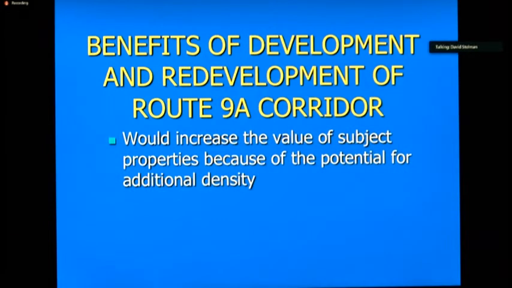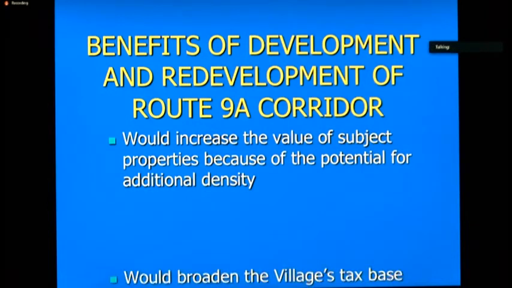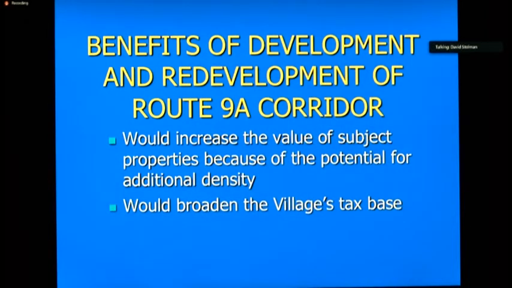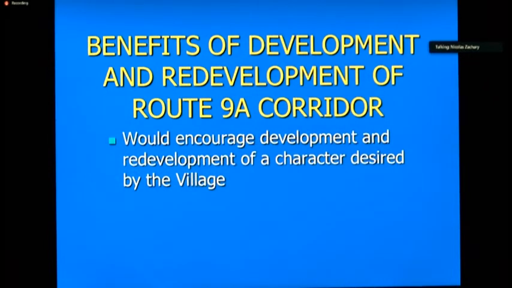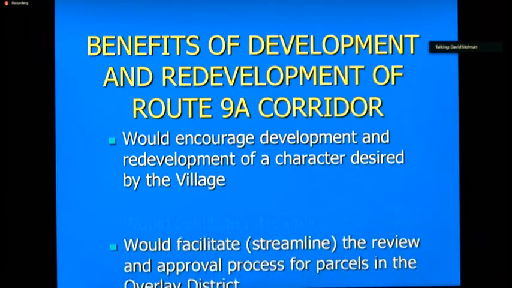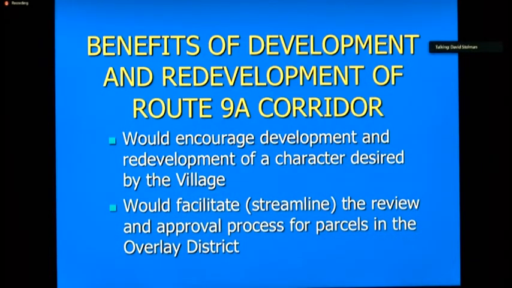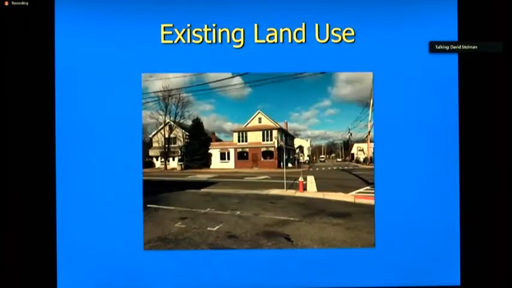It would increase the value of the properties in the overlay district because of the potential for additional density. It would broaden the tax base as a result of all of that. It would encourage development and redevelopment of a character desired by the village and would streamline the review and approval process for parcels in the overlay district.